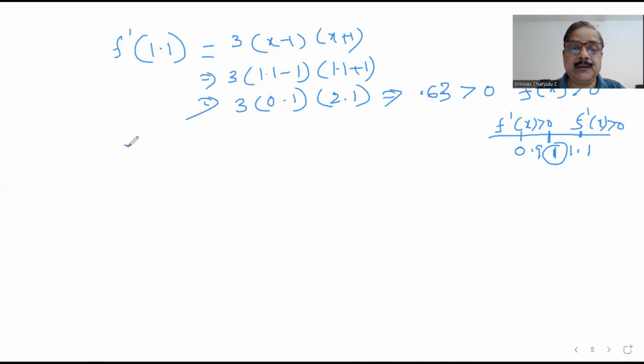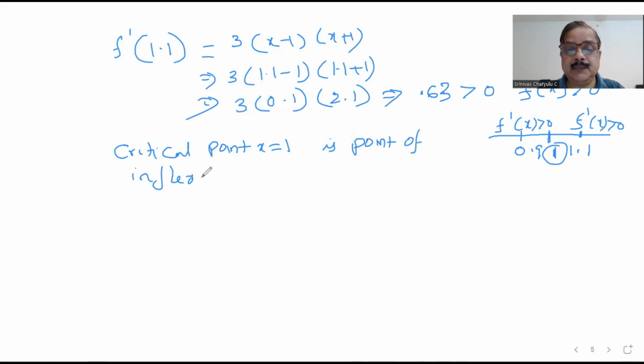So critical point x is equal to 1 is a point of inflection, because the sign of f dash x did not change.